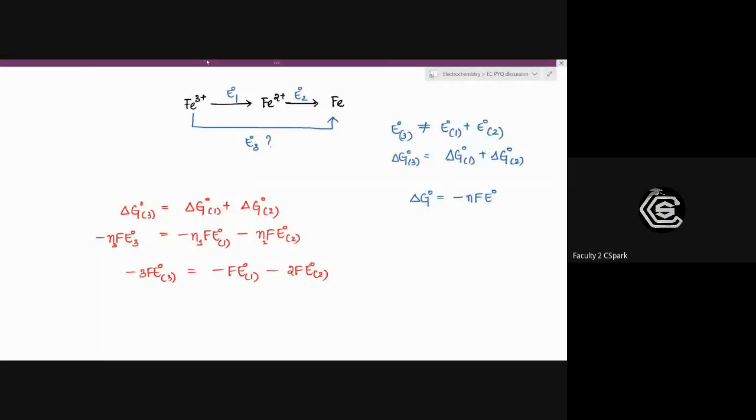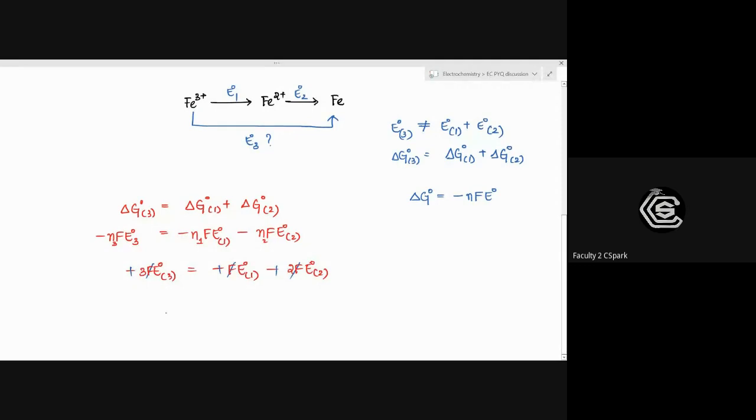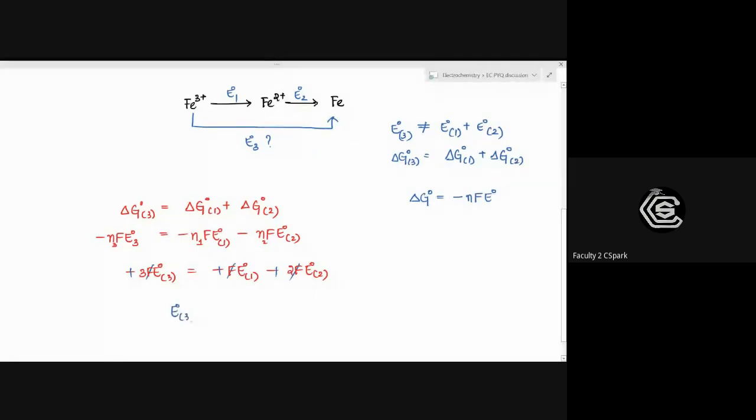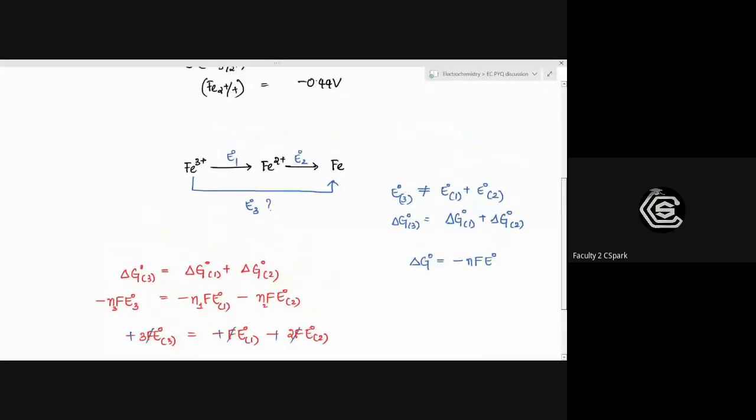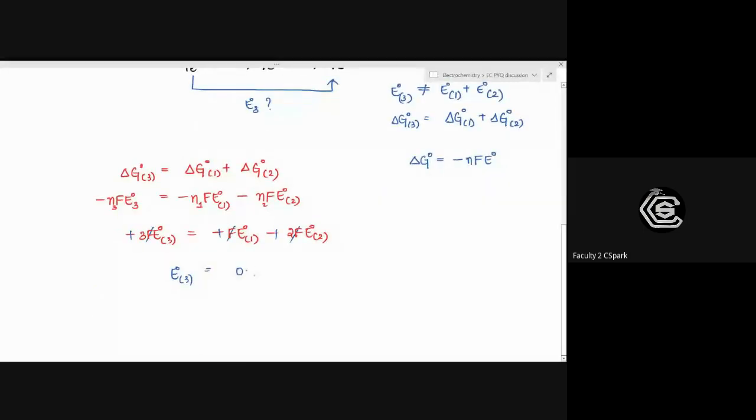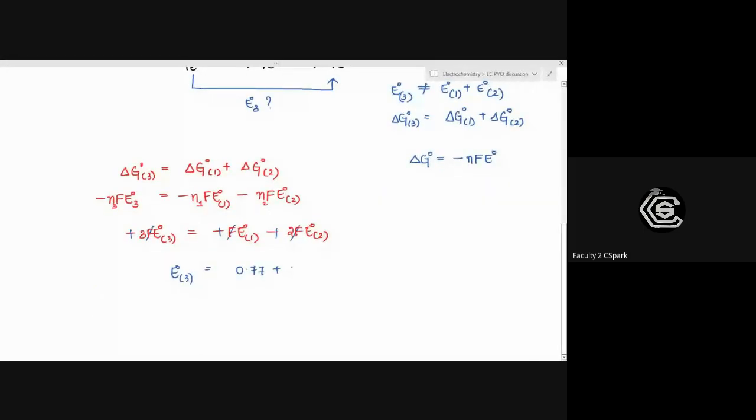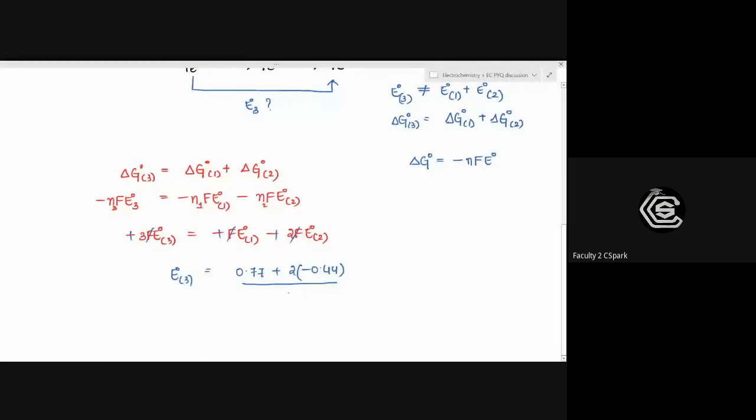All right. Now F is common, minus is common. Minus, minus, minus, Faraday, Faraday, Faraday, you can cancel that also. So E naught 3 is equal to E naught 1, which is 0.77, plus 2 into E naught 2, which is minus 0.44 volts, divided by 3.